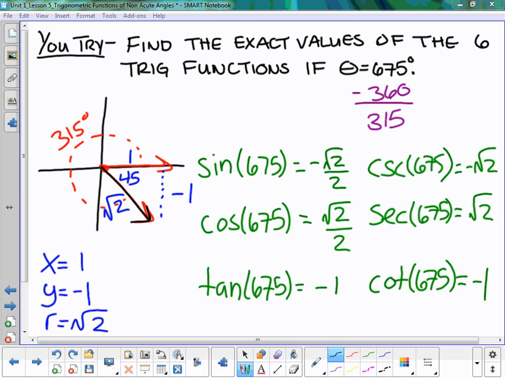If I subtract 360 minus 315, I get a reference angle of 45. And I just use my 45, 45, 90 to set the right triangle. Y is negative in quadrant 4, X is positive, and R is always positive.